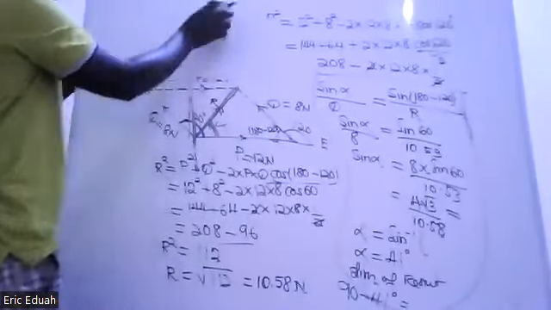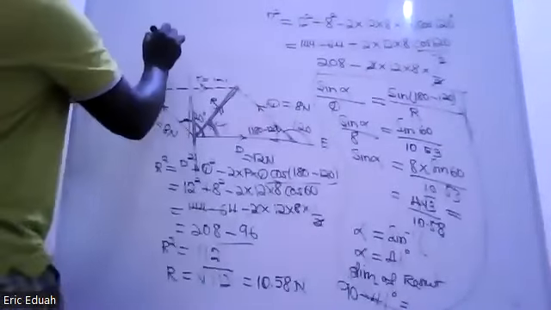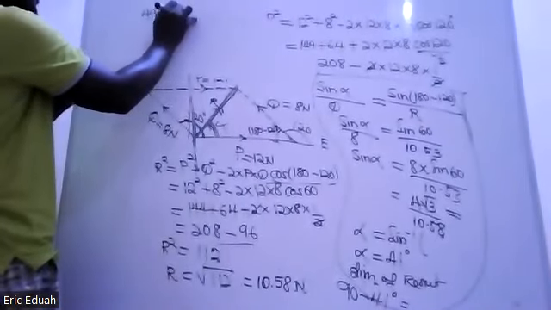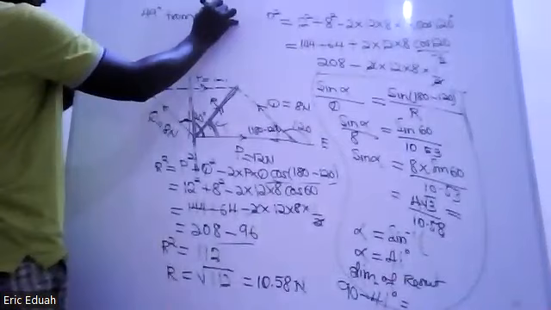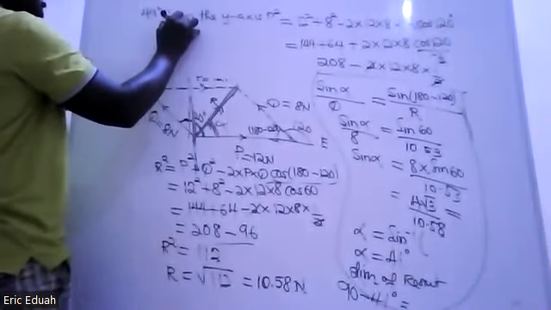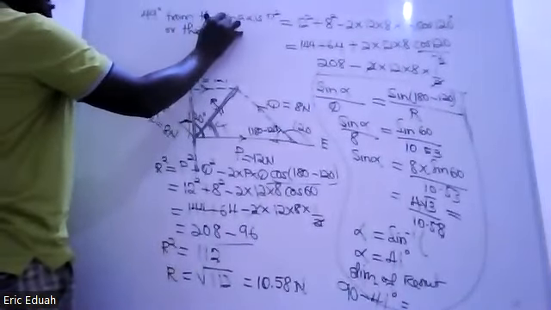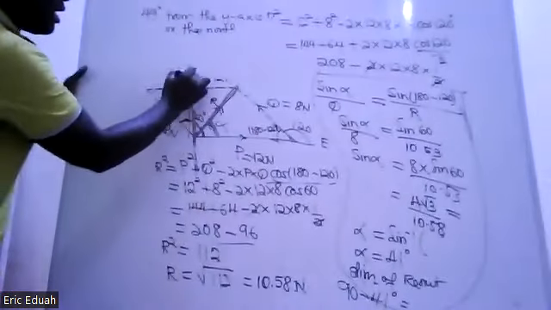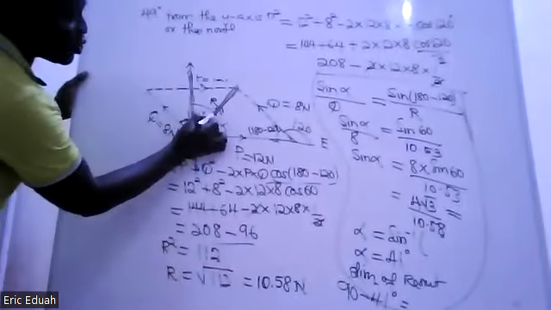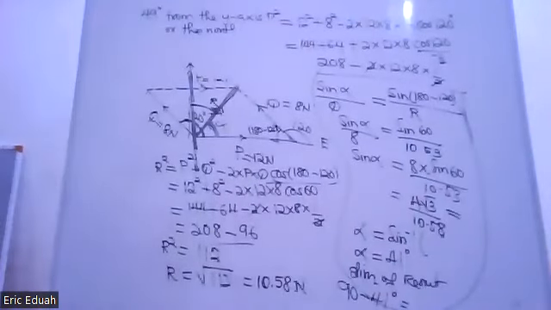49 degrees. So it can also be 49 degrees from the y-axis or the north. Meaning, if I'm on the y-axis, I have to turn through this angle to face the direction of the resultant.